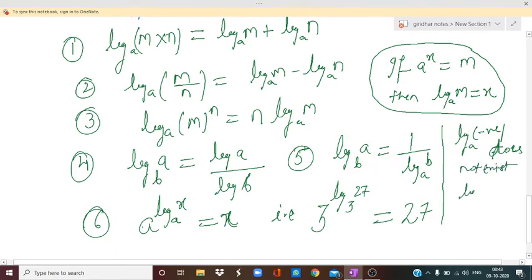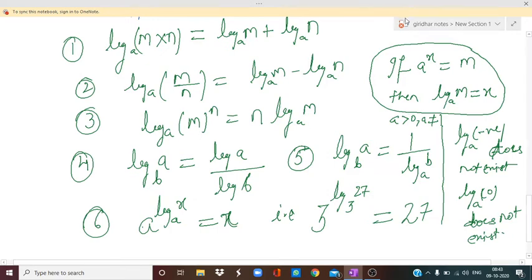Log of 0 with any base, and you know what the base should be: base always greater than 0 and base never 1. So log 0 also does not exist. Log of a negative number does not exist. Log 0 also does not exist.